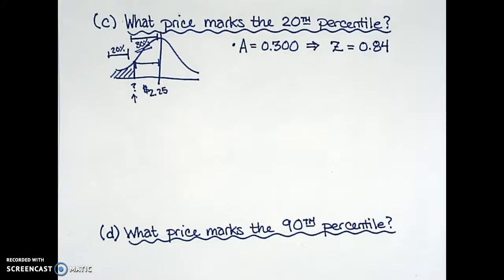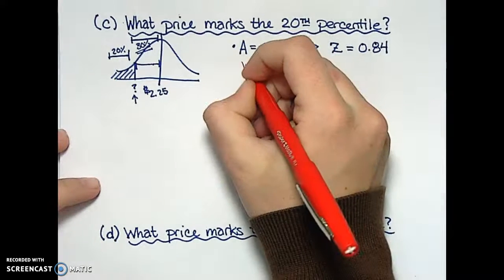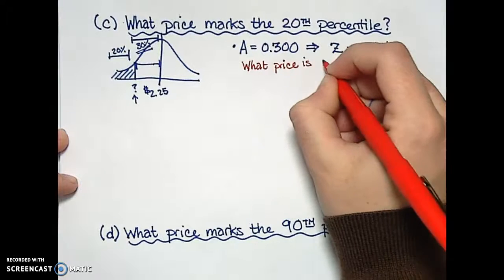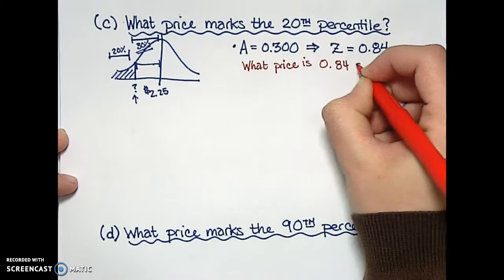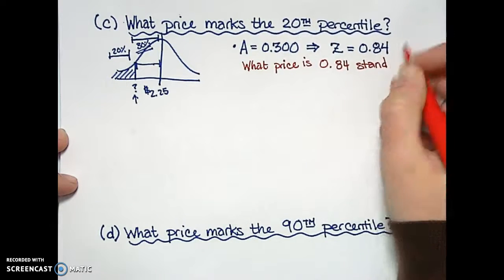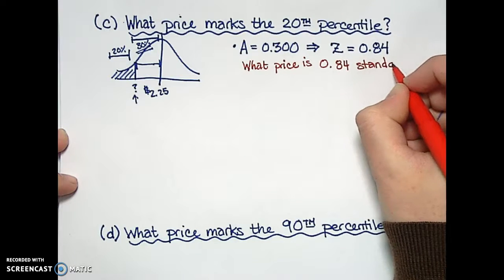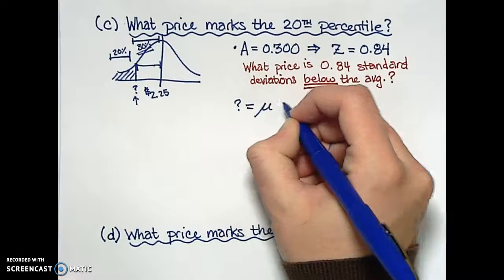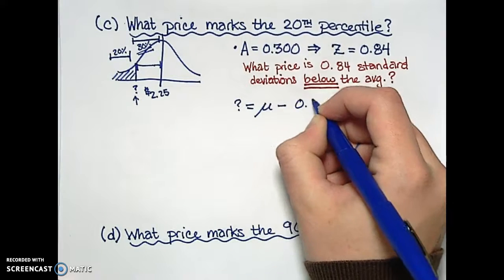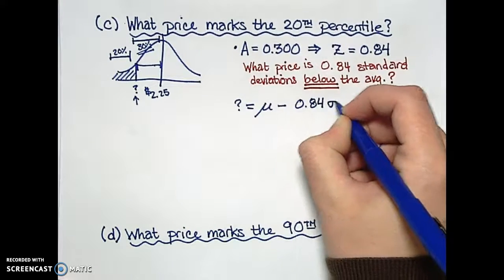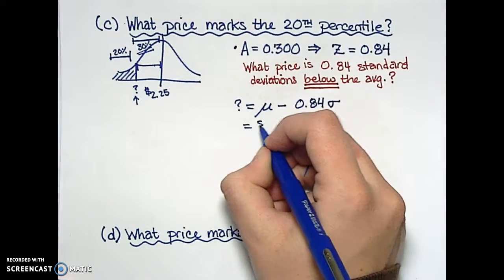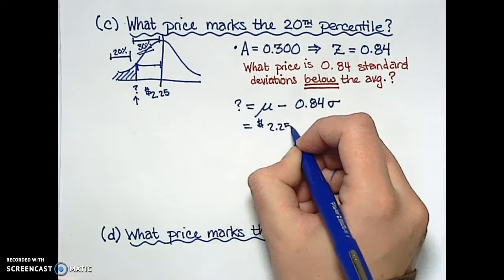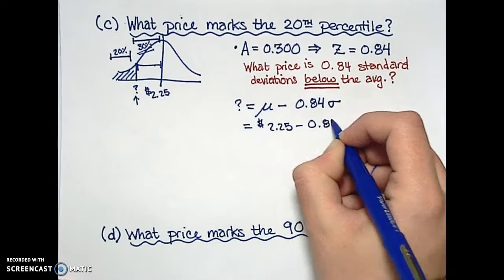So now we ask the question, what price is 0.84 standard deviations below the average? To identify this price, we're going to consider our average, and from that we subtract 0.84 standard deviations, or plugging in the average of 2.25 and the standard deviation.